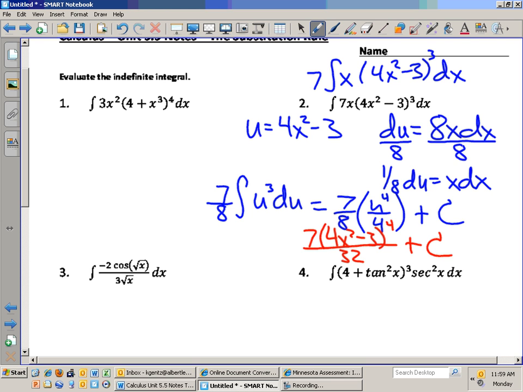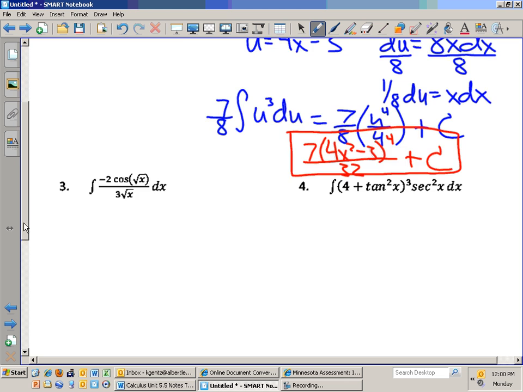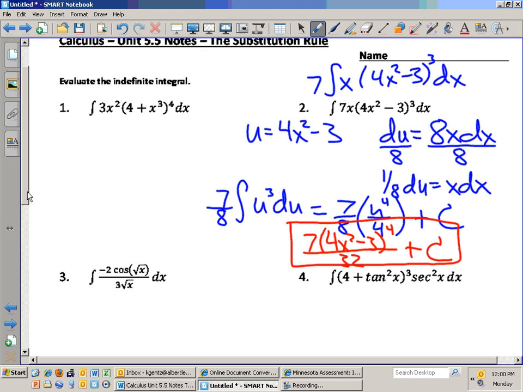And that is my antiderivative. That is the result of the indefinite integral. Any questions on problem number 2?